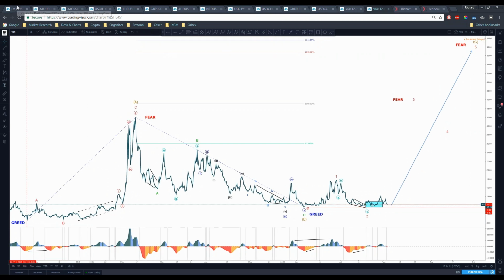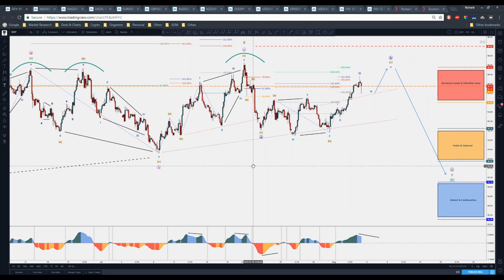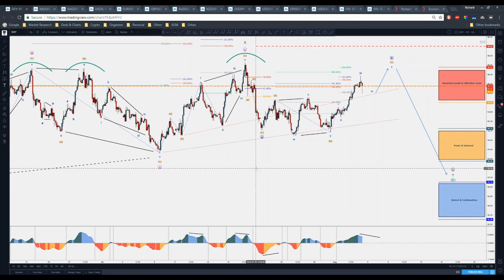Until then, let's continue with the intraday analysis. I'm on the dollar index on the 2-hour chart right here. Let me bring this forward to you guys.